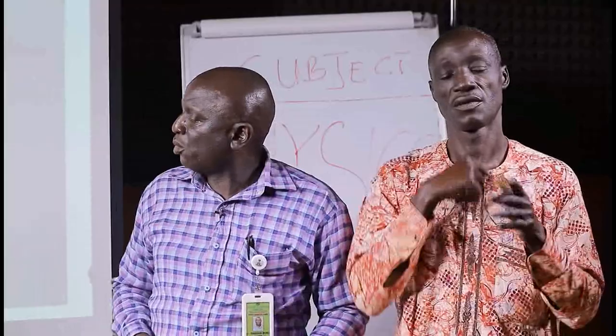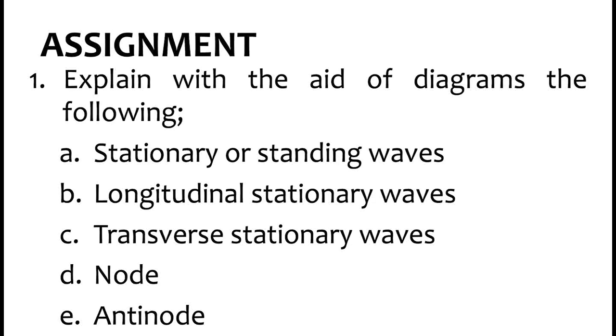We go to the assignment. Question number 1. Listen carefully because I will take it gradually so that you can follow and write it down. 1. Explain with the aid of diagrams the following. A. Stationary or standing waves.